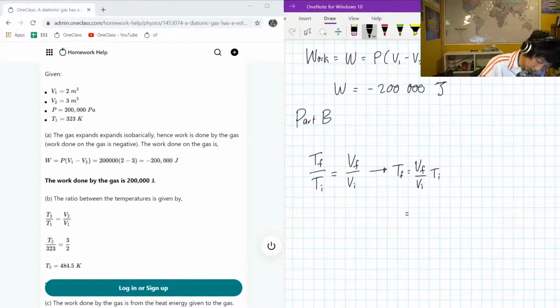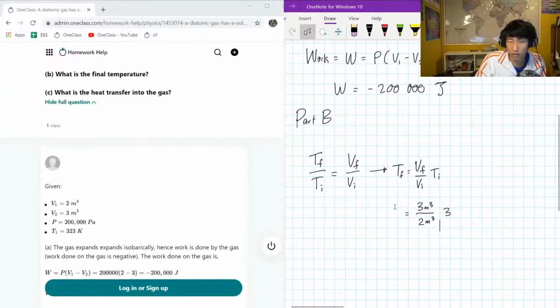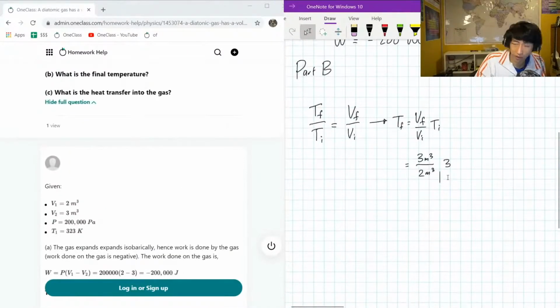And the final volume, that is 3 cubic meters divided by 2 cubic meters multiplied by 323 kelvins.